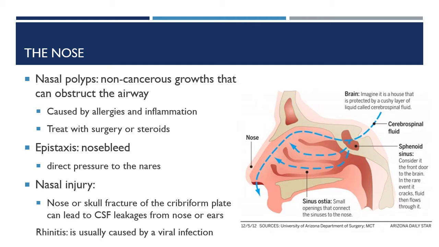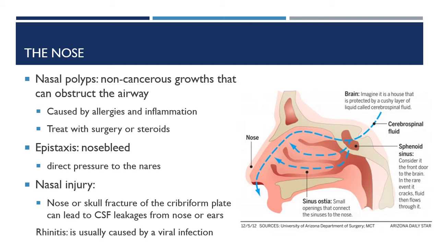What about a nasal injury or a facial injury for that matter? Well, you can have a nasal fracture, okay, that's possible, or a skull fracture of that cribriform plate I was talking about, which is that horizontal plate at the top of the nose in this image. And when you fracture the cribriform plate, one of the signs that you fractured it is that you're leaking cerebrospinal fluid out of your nose.